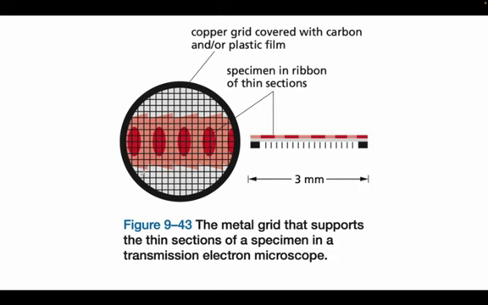Here we see the thin ribbons of our specimen. You can see how thin it is, and the diameter of this grid is about 3 millimeters, just to give you an idea of the scale of the sample. This will be the final sample that is going to go in a transmission electron microscope.